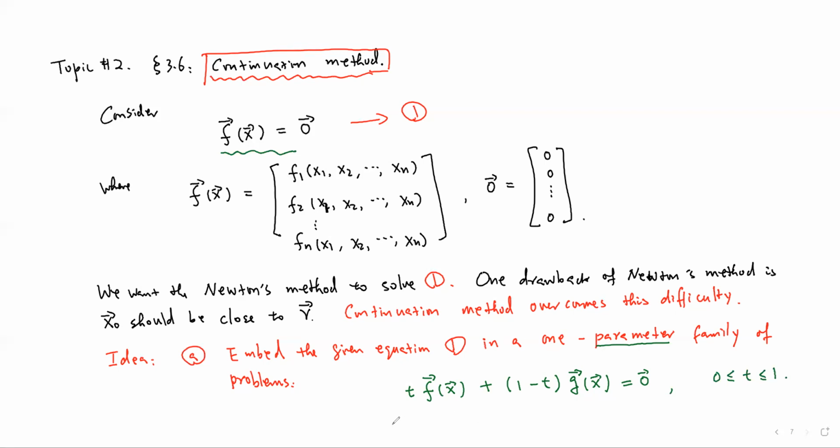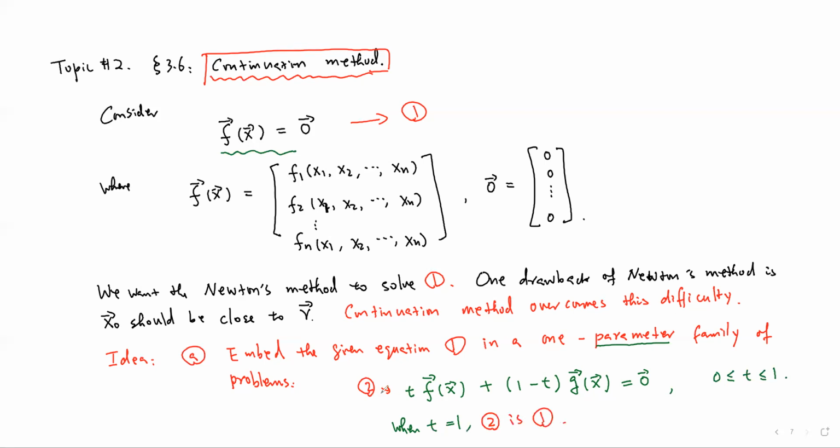Equation 1 is just a sub-equation of this equation. Why? When t is 1, look at this equation. Let me call this equation 2. When t is 1, equation 2 is equation 1.